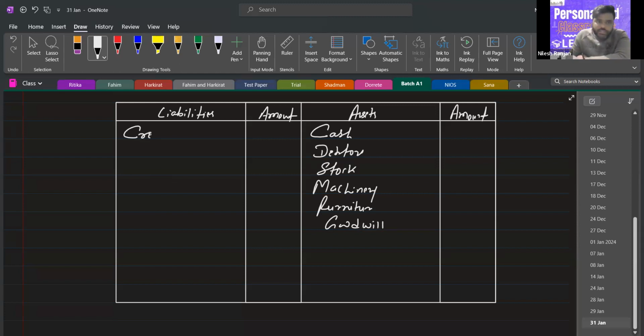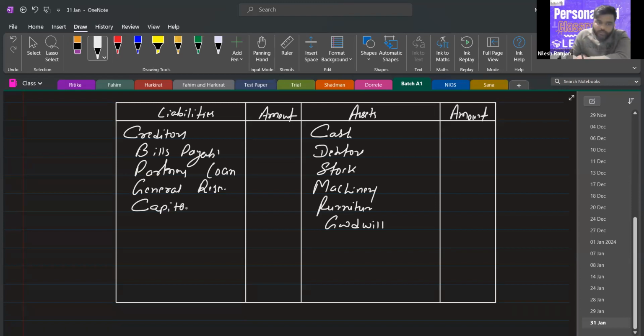On the liability side: creditors, bills payable, partners loan, or general reserve, and then capital of partners A, B, C, like this. And then there will be the total.